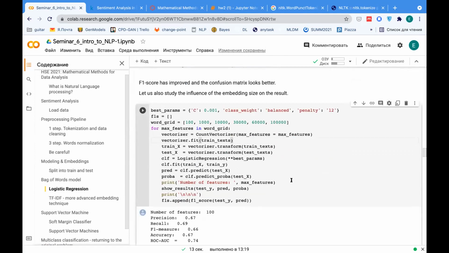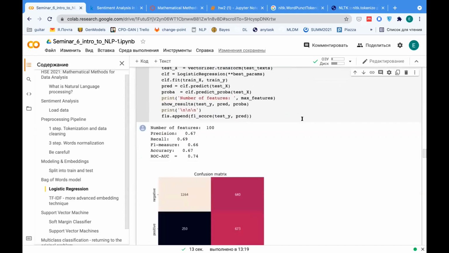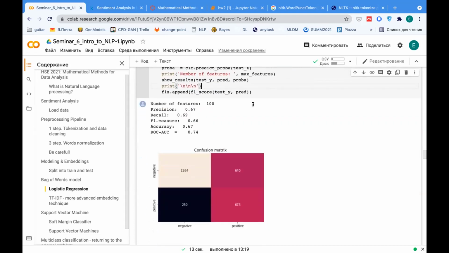Also, we can choose another number of features in CountVectorizer. If we use more words for encoding our text, we can have a bit better results. So we'll try different numbers of words and look at the results. If we use just 100 words, we have a very close picture.